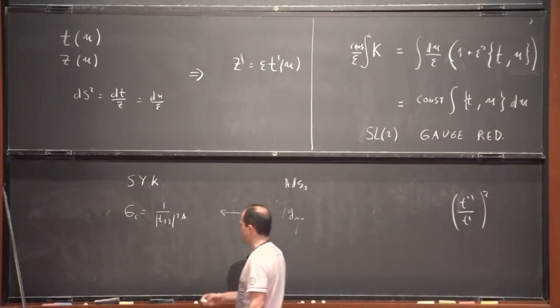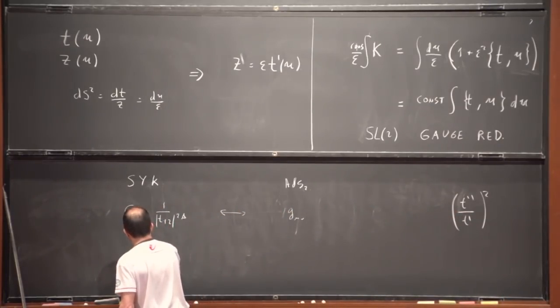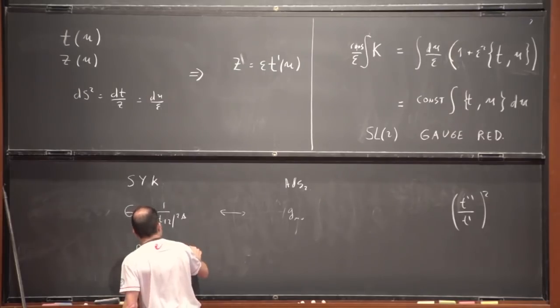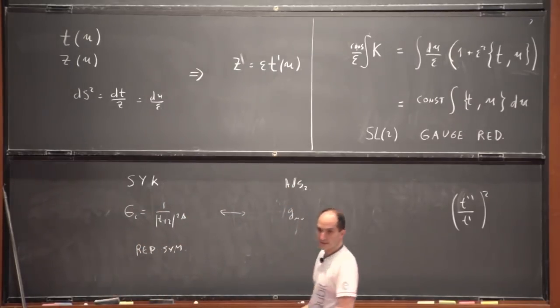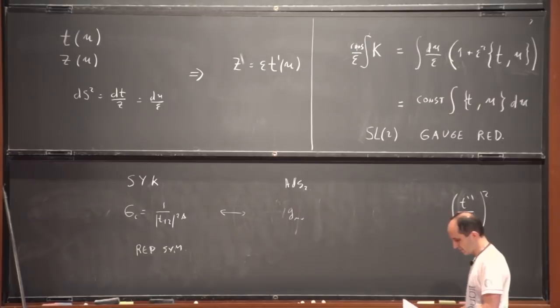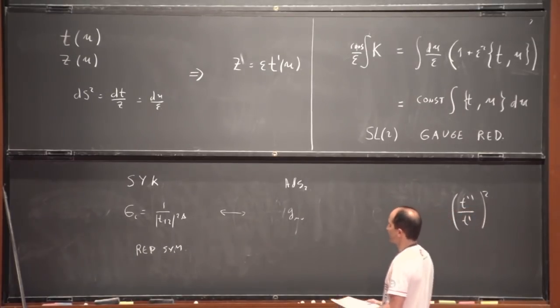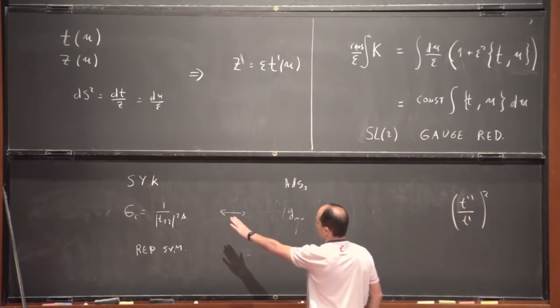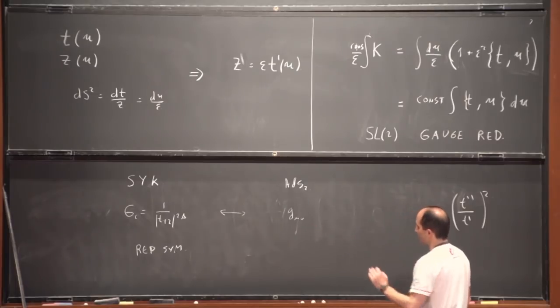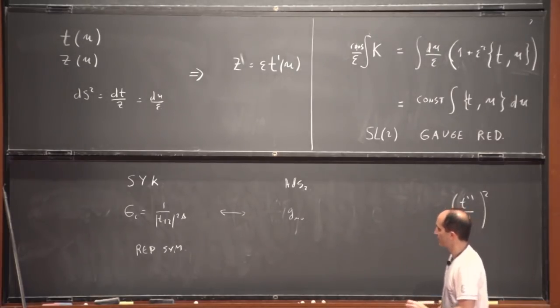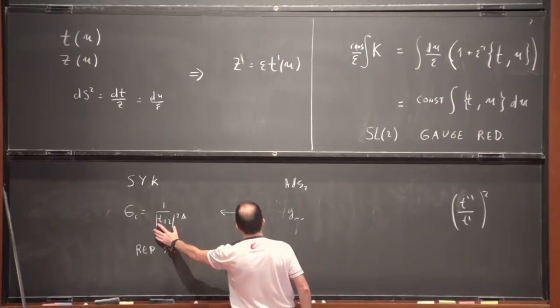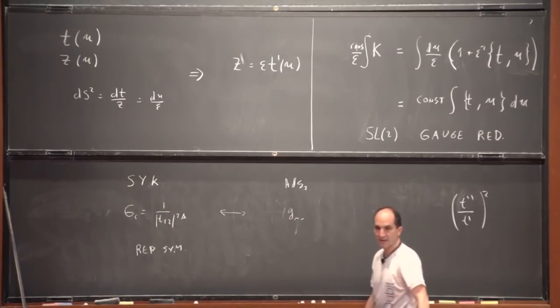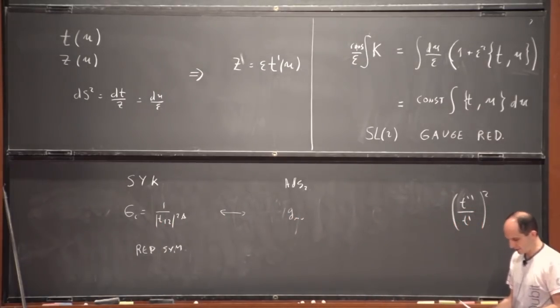Then we had the reparametrization symmetry, which we also displayed clearly here as an asymptotic symmetry of AdS2. And at the level of just purely the conformal answer, this symmetry was spontaneously broken by the choice of either this G or the choice of the AdS2 metric. So we had a spontaneous breaking of this symmetry.